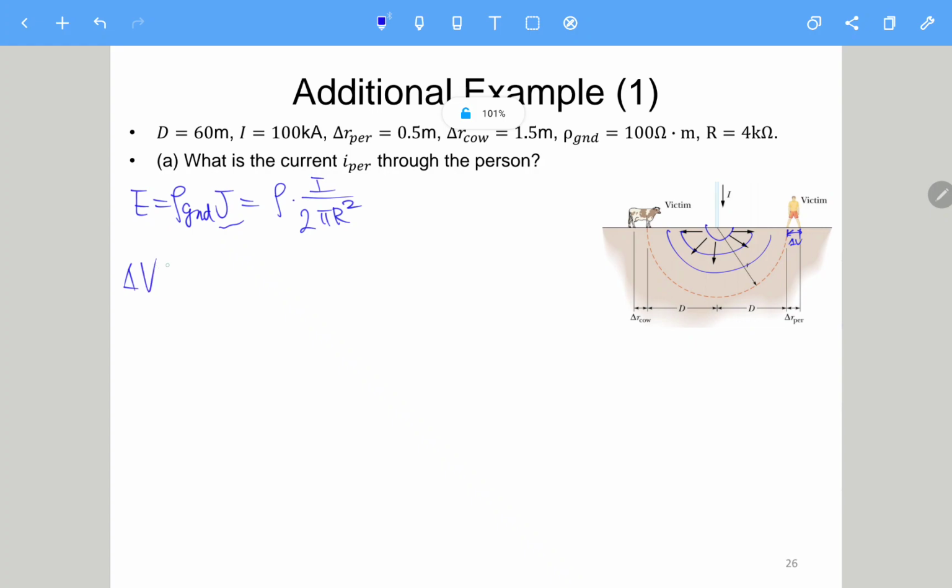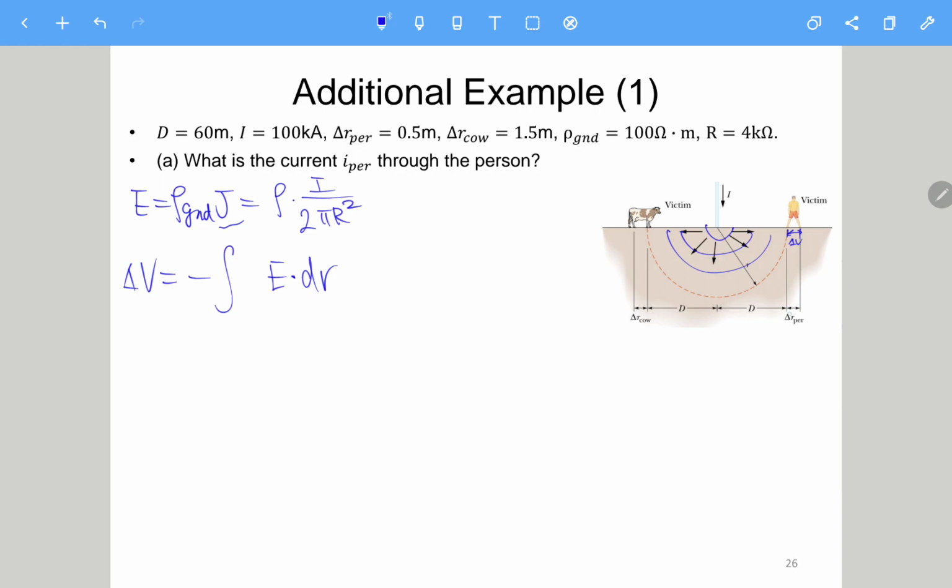Delta V should be the negative integration of E dot dr. We just ignore the direction because we consider E and r parallel to each other.